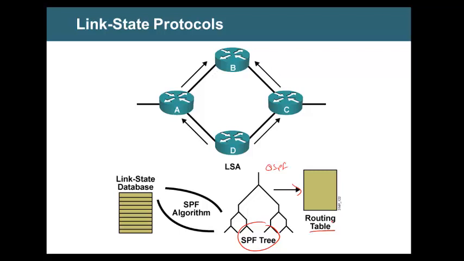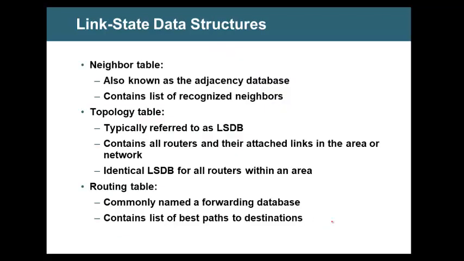And we have topology table, which is called as link state database. We have neighbor table, the list of neighbors, router ID, with whom the adjacency is successful, will be seen in the neighbor table. As we already discussed, routing table will be having the best route to various destinations.